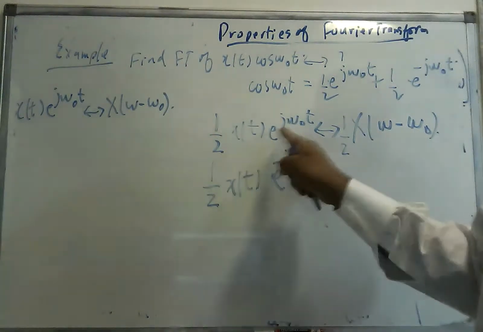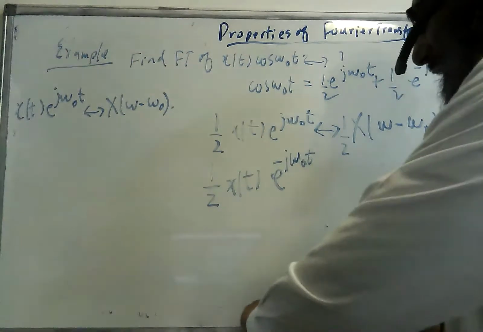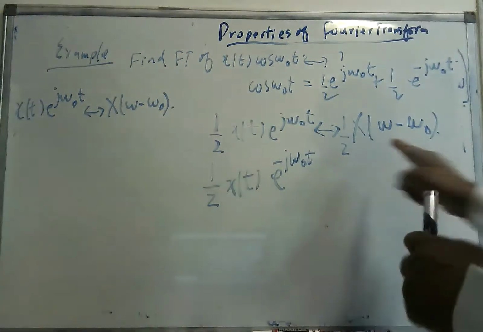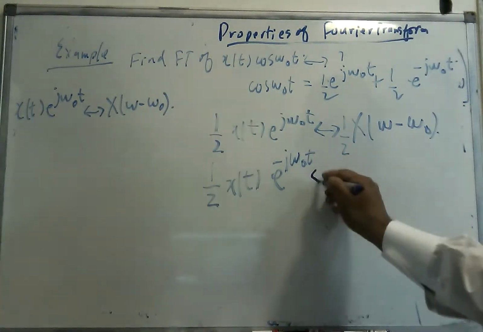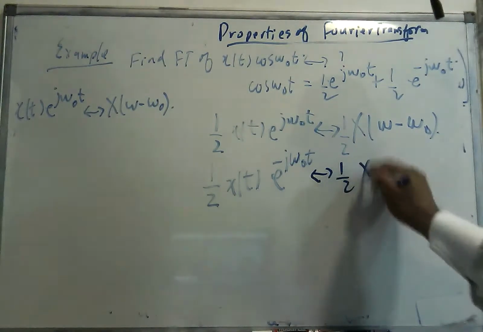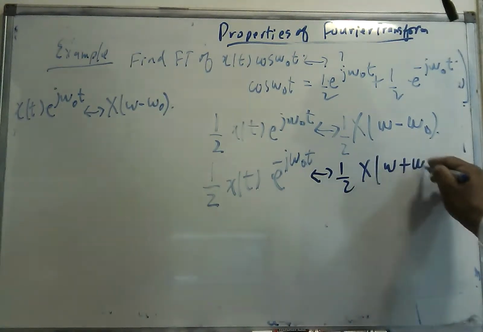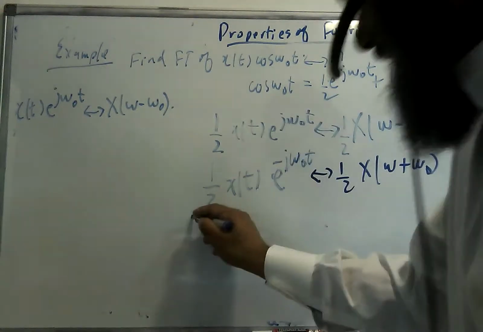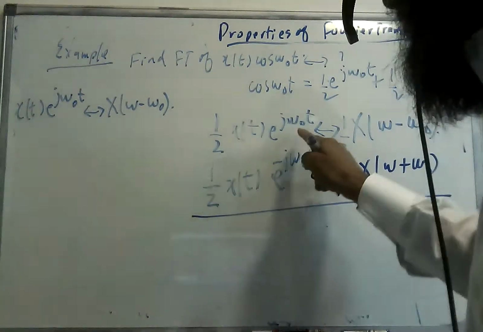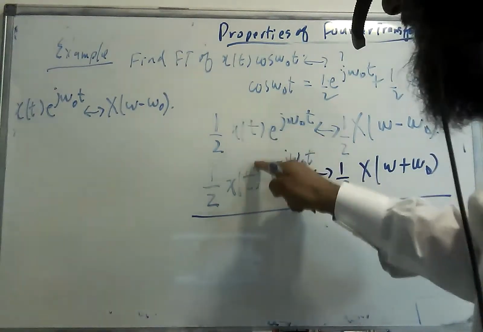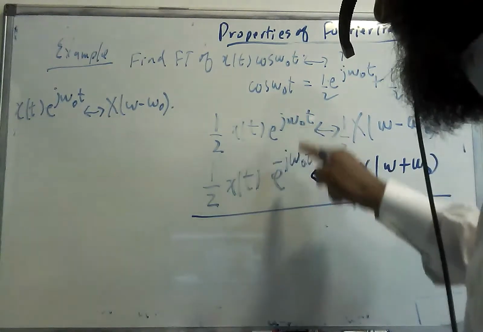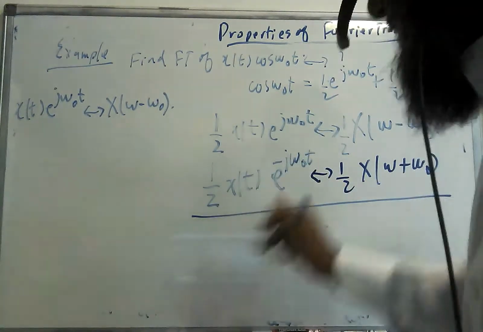When I multiply by the plus exponential, I get a right shift. When I multiply by the minus exponential, I get a left shift. Now when I add these two together, x of t is common, so plus and minus exponential divided by 2 will be cosine.